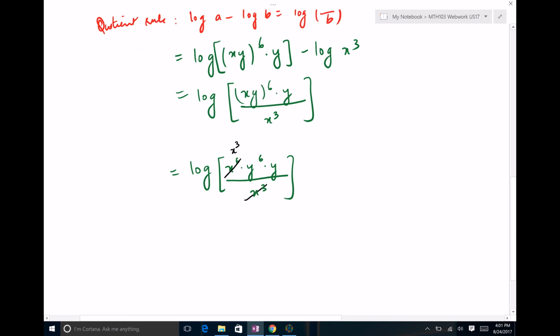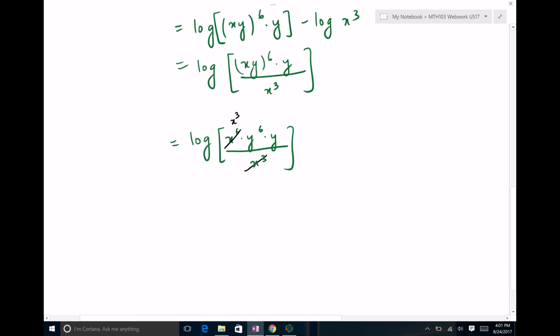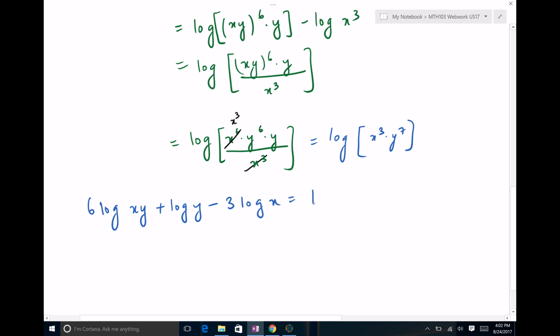So this is going to be log of x cubed times y to the 7th, which means that the entire expression I had, which is 6 times log xy plus log of y minus 3 times log of x, can be condensed into one term as log of x cubed times y to the 7th.